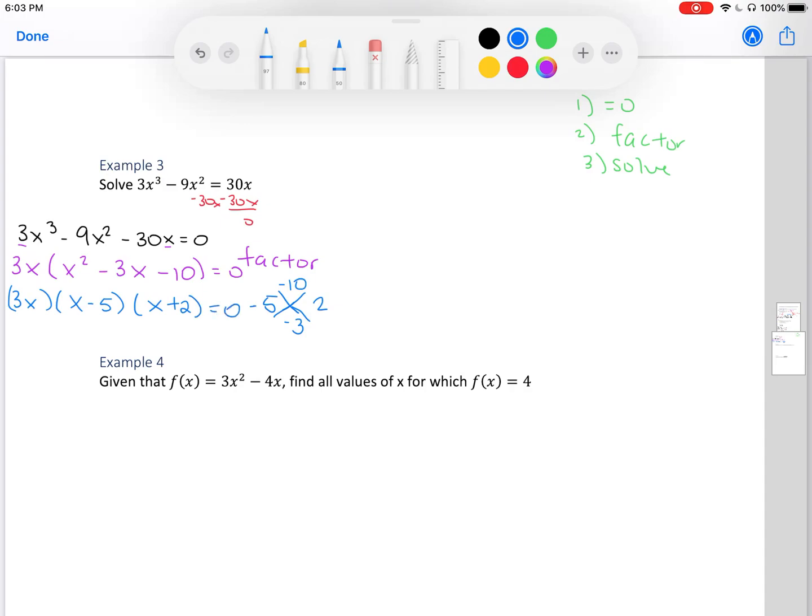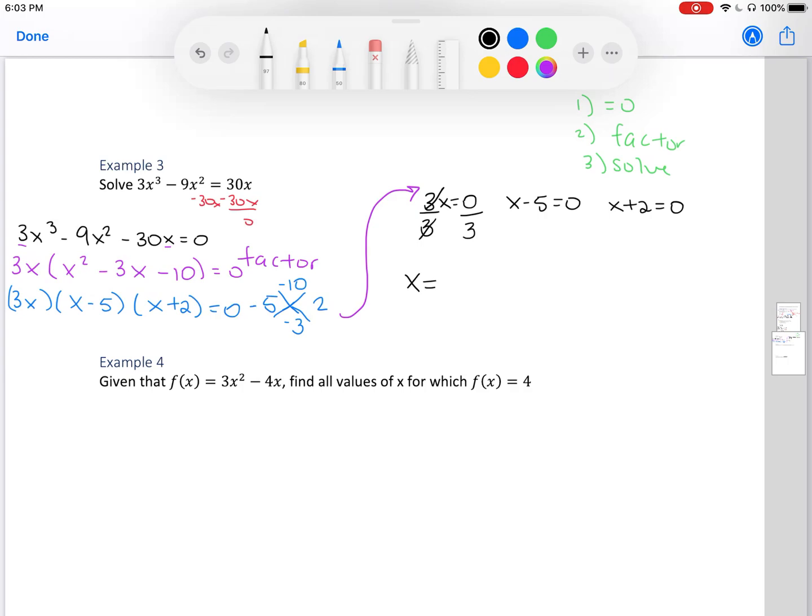Okay, next step, we want to go ahead and set each one equal to 0. So that we have 3x is equal to 0, x minus 5 is equal to 0, and x plus 2 is equal to 0. Okay, let's go ahead and divide.